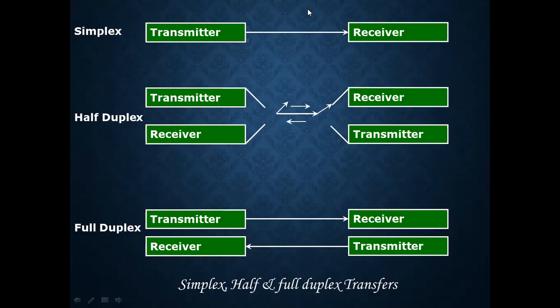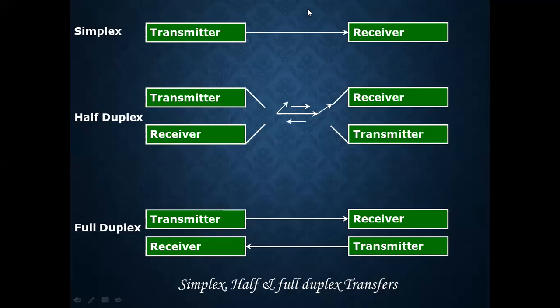So now we will see that the simplex is the simplest data transfer or information transfer mechanism. Just see that there is a single-ended arrow coming from the transmitter to the receiver. That means just like your FM radio.